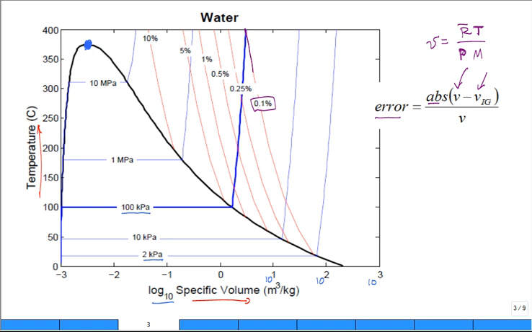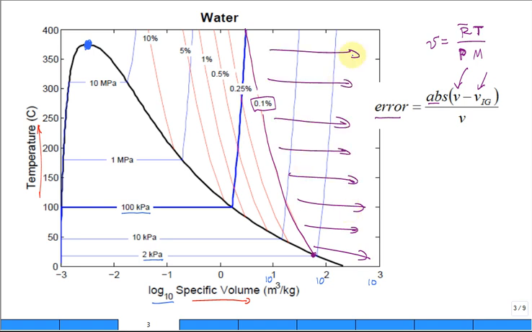This is where it is 0.1%, all the way down to saturated vapor, and everything to the right of that curve is less than 0.1%. Very low. I didn't try to find 0.05% or 0.01%. I mean, that would be ridiculous. And then you can see the 0.25% and 0.5%. This is all very good assumptions of the ideal gas model for a whole range of conditions, even up to saturated vapor at those low temperatures and low pressures.